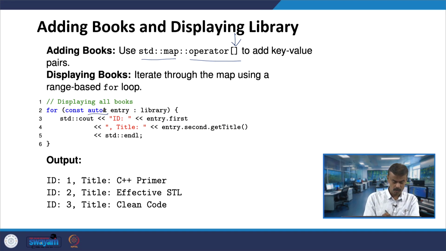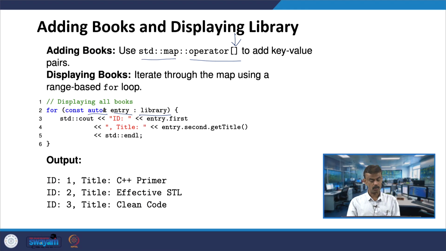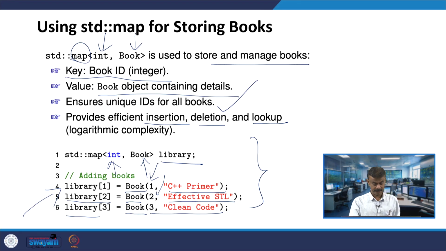So here, auto reference entry and library, and cout. In the previous case we have library 1, 2 and 3. Now they are going to map to entry, and this is a range based for loop. I am going to display ID and title.